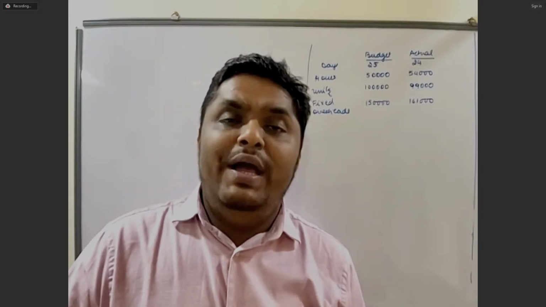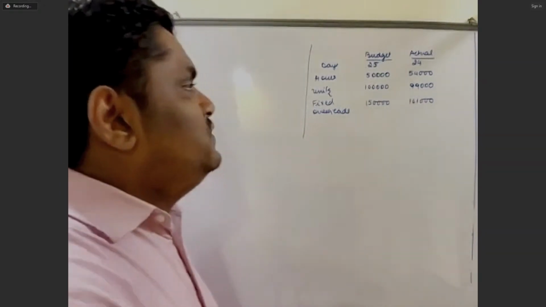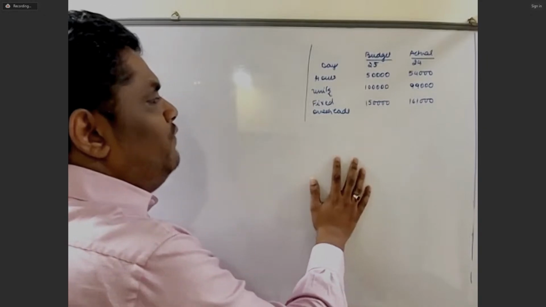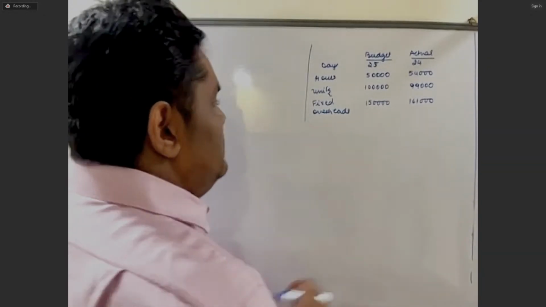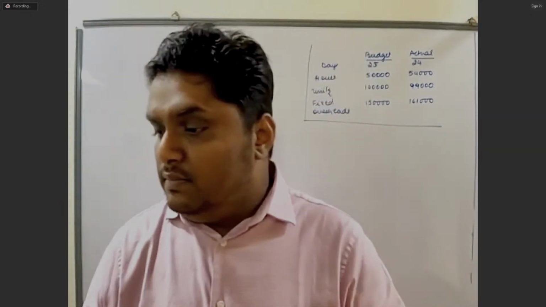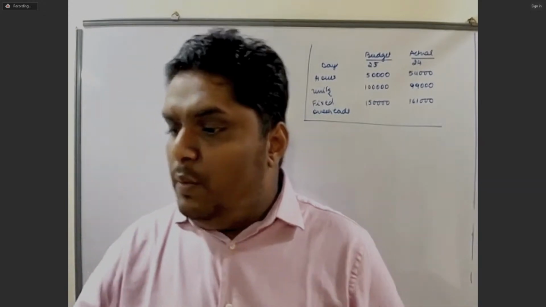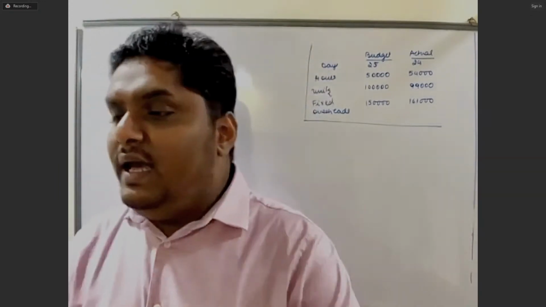I request you guys to please post the answer, that is fixed overhead cost variance, expenditure variance, volume variance, calendar, capacity and efficiency variance. Yes, Bhumika. So waiting for your answers, guys.